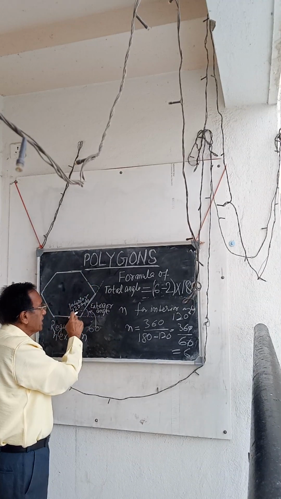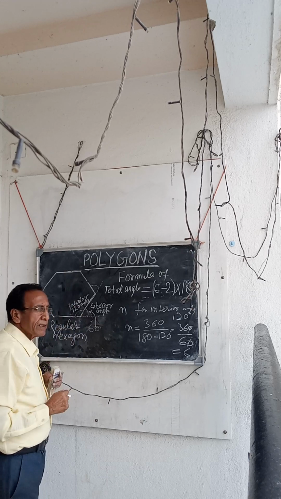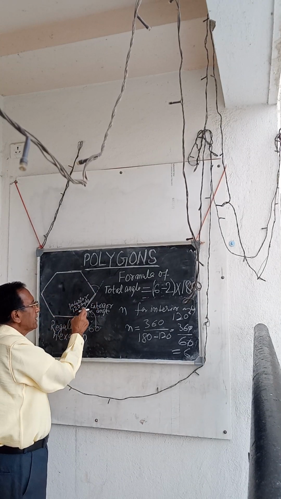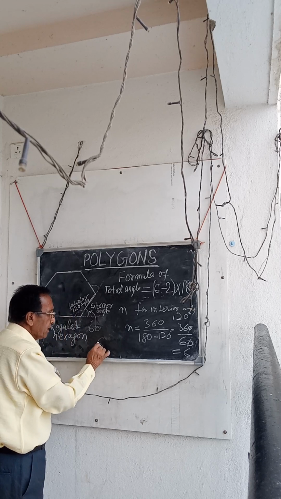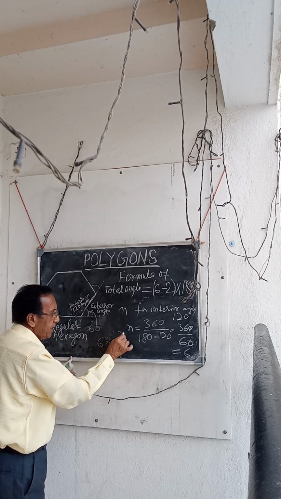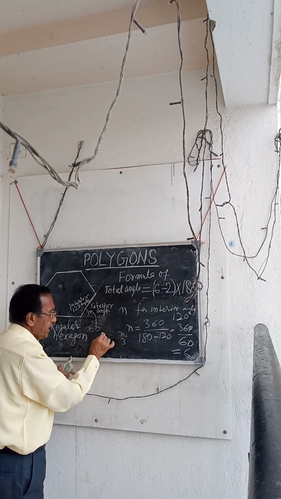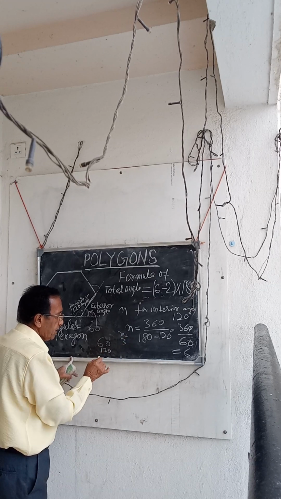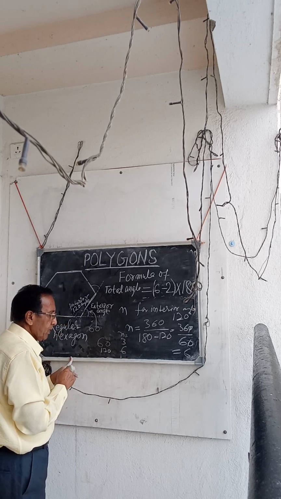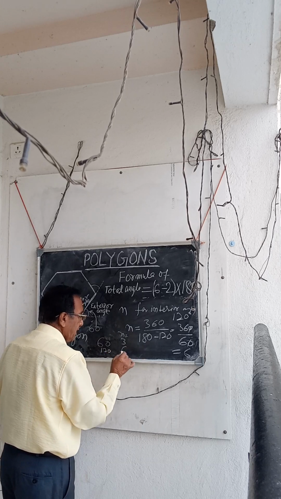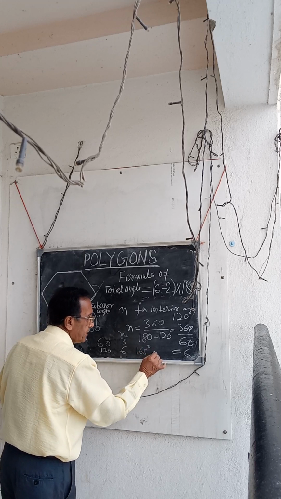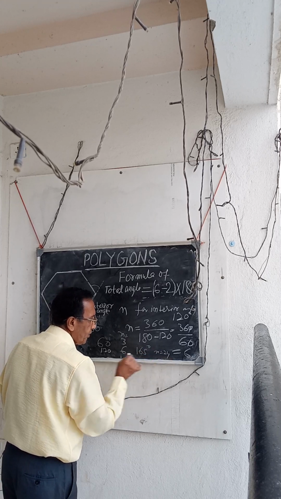Suppose the internal angle is 120 degrees. In that case there are 6 sides. When the internal angle is 60 degrees, then the number of sides n is equal to 3. When the angle is 120 degrees, the number of sides is 6. Similarly, suppose the angle is 165 degrees, the number of sides n is equal to 24.